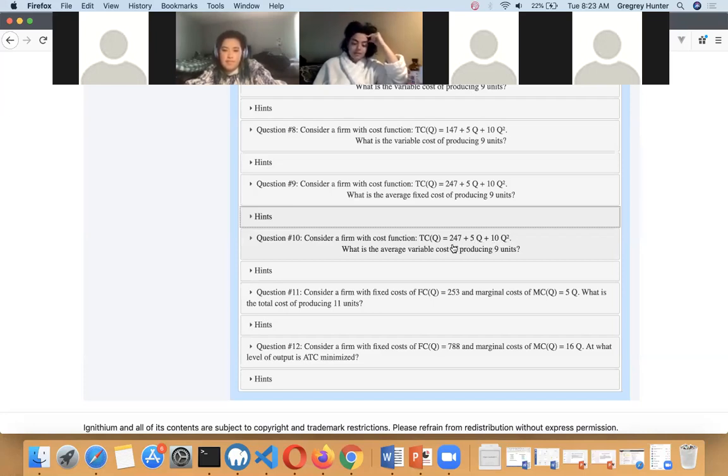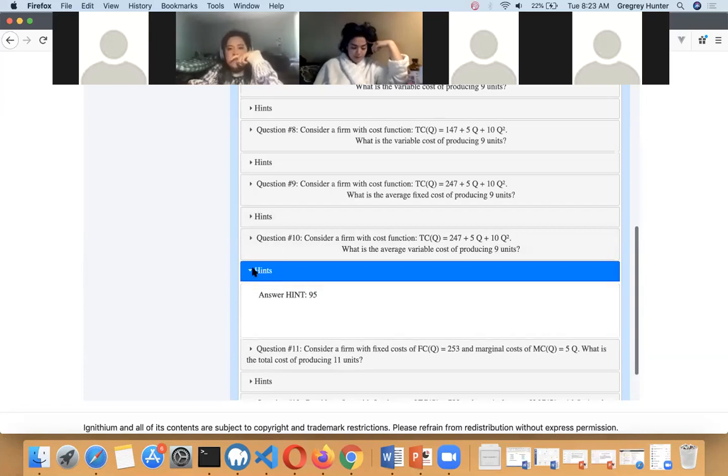And then if we're going to calculate total cost, which we're kind of doing informally, we would just add the 247 on there, and then we end up subtracting off the 247, and we get the variable cost, which is going to be the 855. And then you took 855 and you divided by 9. Yes. Okay, good job.